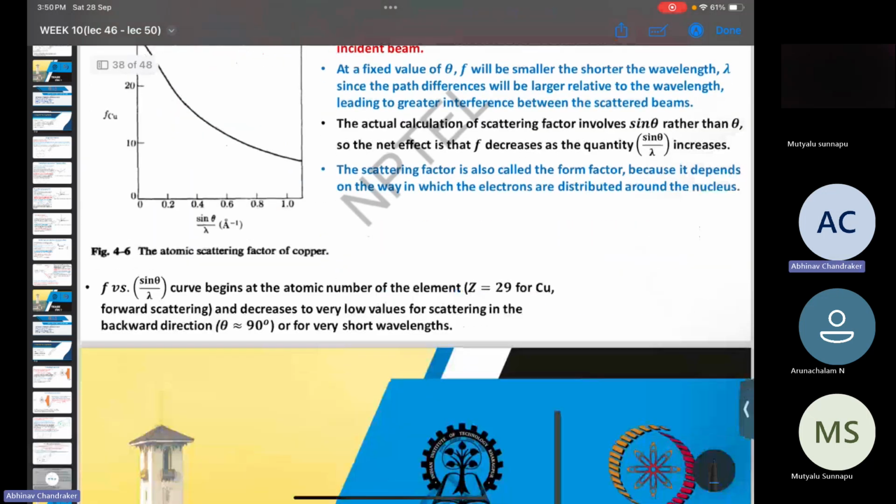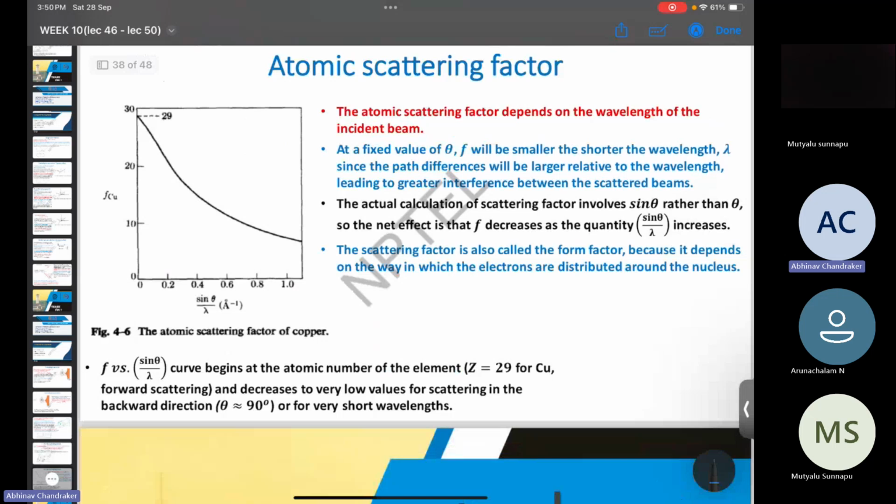And if we look at the experimental values of atomic scattering factor with respect to the scattering angle, we see that at 0 degrees, as expected, the scattering factor is 1. We can just add up the scattered intensities. But as you increase the angle, the atomic scattering factor decreases.